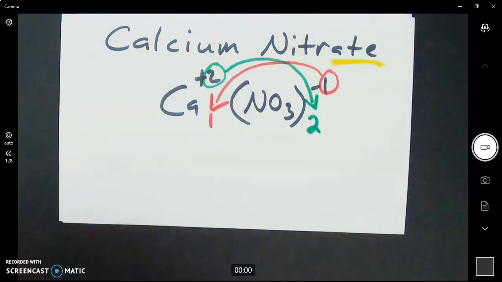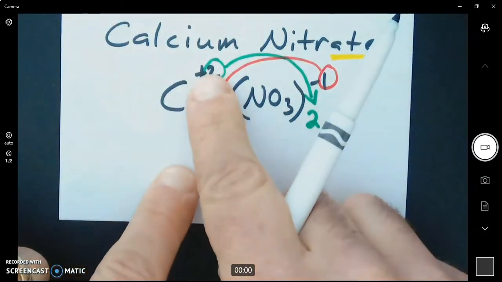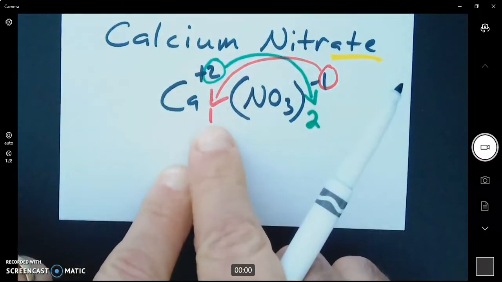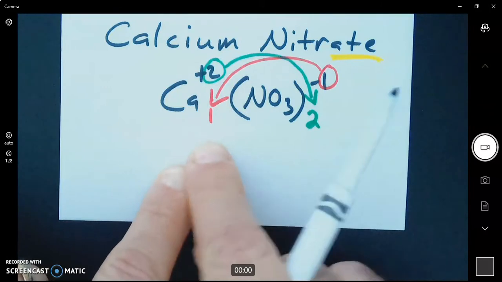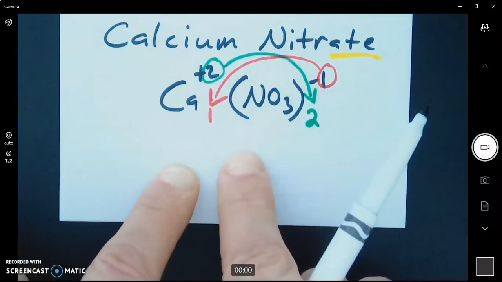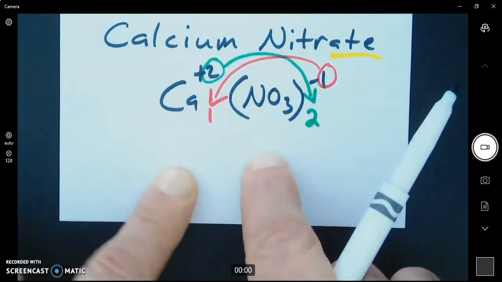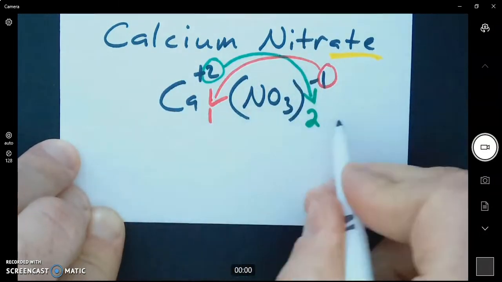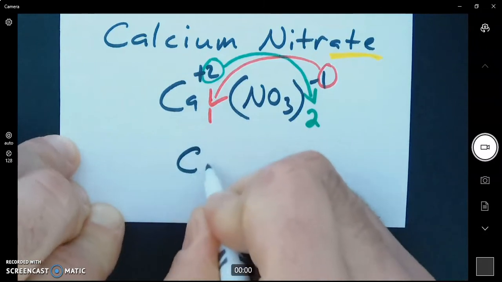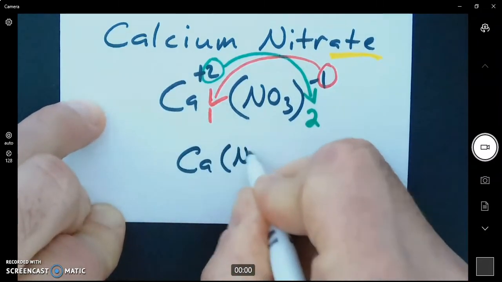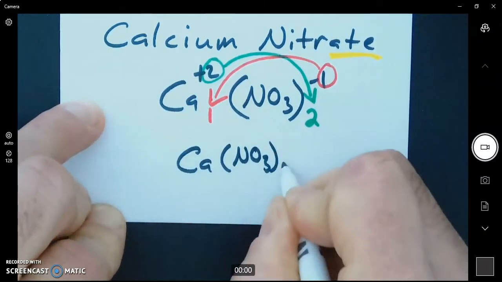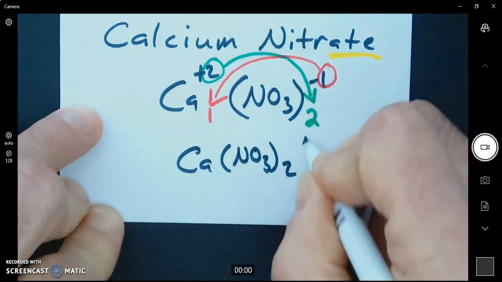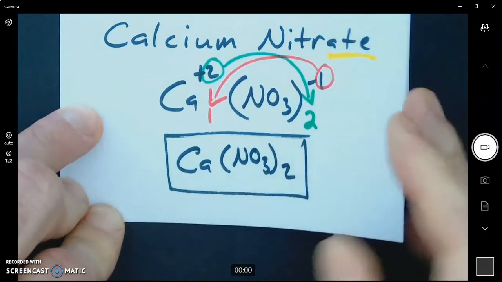That gives us 2. 1 times +2 gives me a +2 charge. 2 times -1 gives me a -2. +2 -2 gives me a net charge of 0. So now I just need to clean this up. I can't simplify 1 to 2. So I'm going to do Ca, parentheses, NO3, parentheses, 2. And that's my final cleaned up solution.